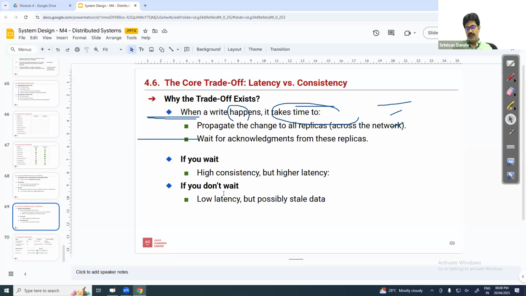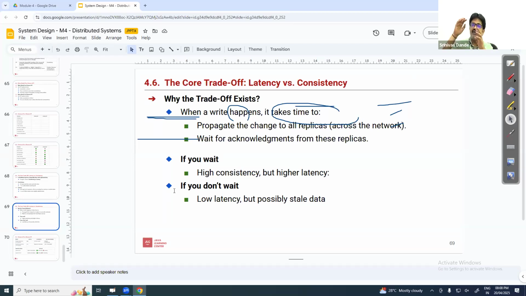So now tell me, if you wait, what consistency are you getting? Strong consistency. Very good. If you don't wait, then also you are getting consistency, but eventual consistency, meaning the user is saying temporarily that I don't want to wait, give me results fast.